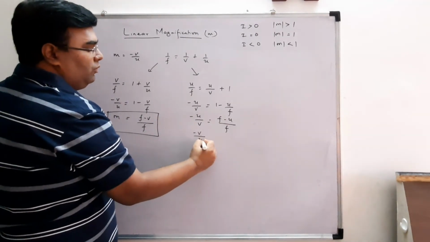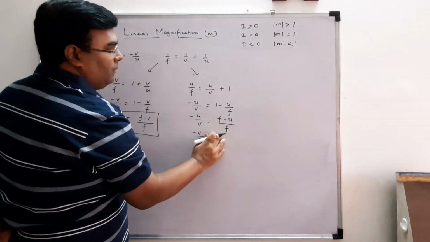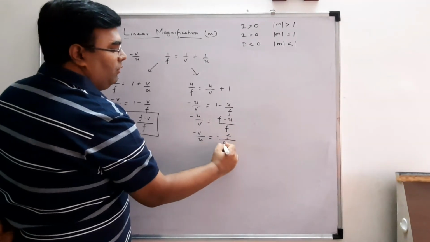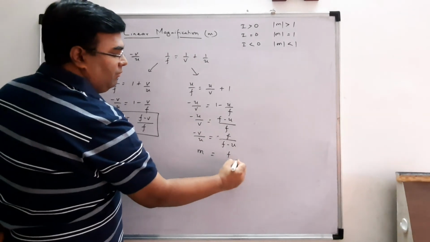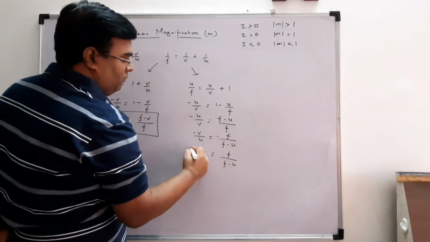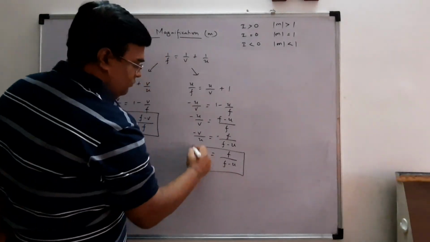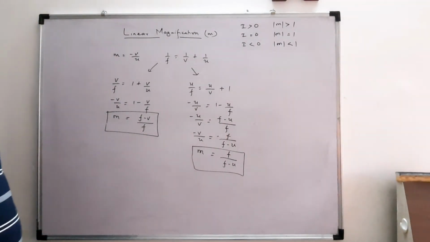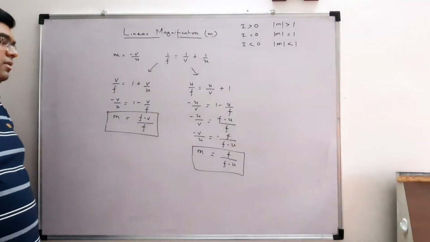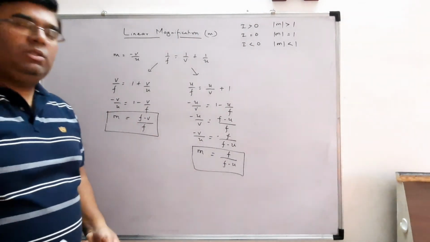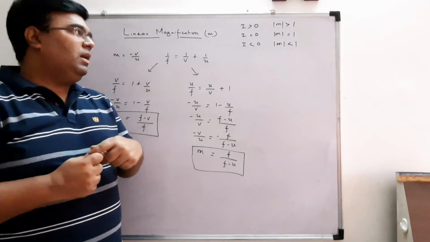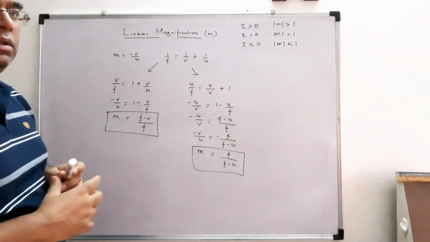Minus v by u will become f upon f minus u. What is this? m. Right, so we have got two more formulas for m. m basically tells you about the size of the image and also the type of the mirror.